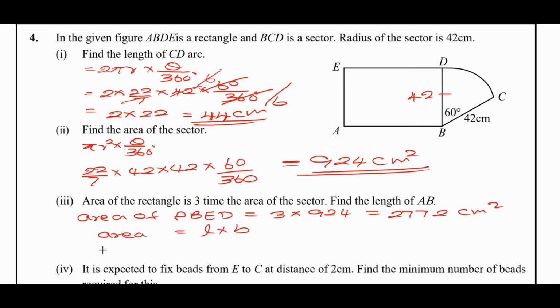Then we know the value of area, 2772 equals length AB into its breadth 42. Then we can find the value of AB by 2772 divided by 42. This will give the AB length equal to 66 centimeters.